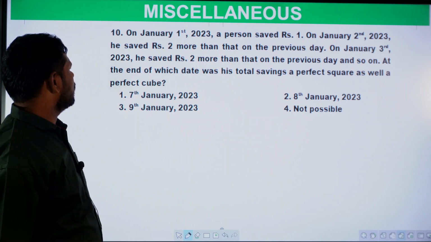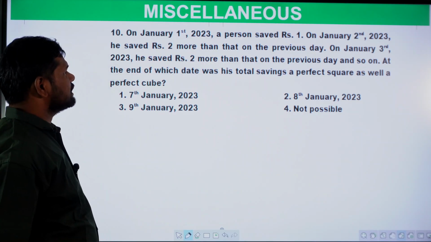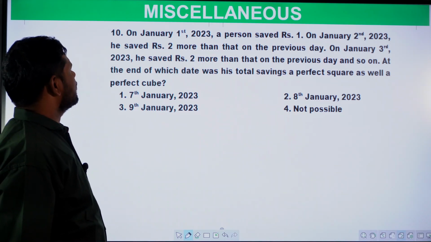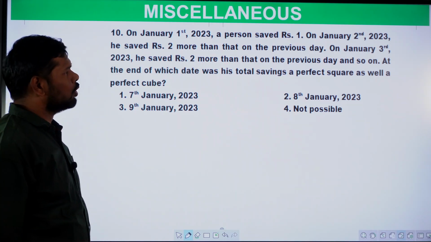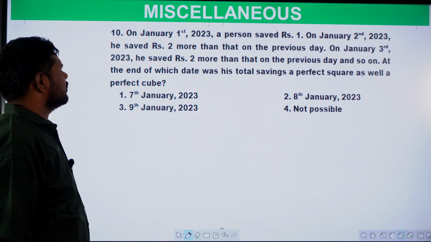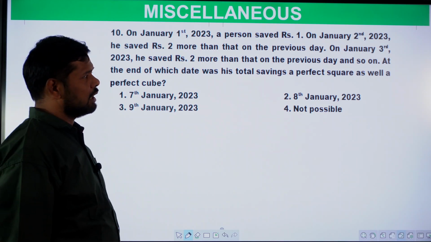Now, on January 1st, 2023, a person saved 1 rupee. On January 2nd, 2023, he saved 2 rupees more than on the previous day. On January 3rd, 2023, he saved 2 rupees more than on the previous day, and so on.